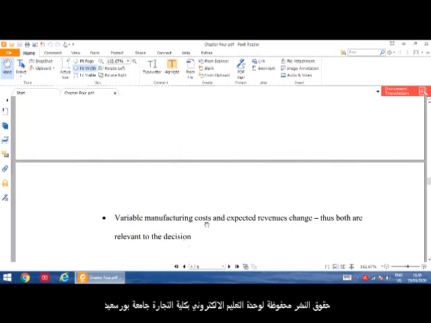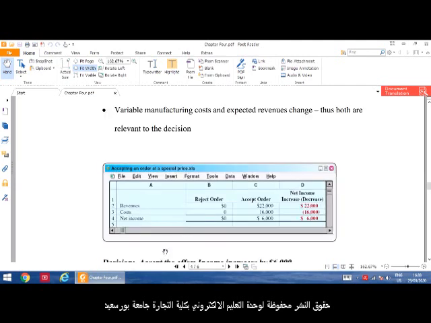Variable manufacturing cost and expected revenue change, thus both are relevant to the decision. We have to take into consideration these two kinds of items: variable manufacturing cost and expected revenue change. So both are relevant to the decision.